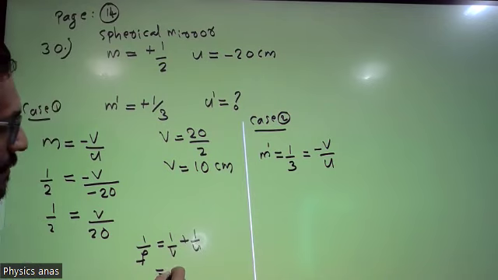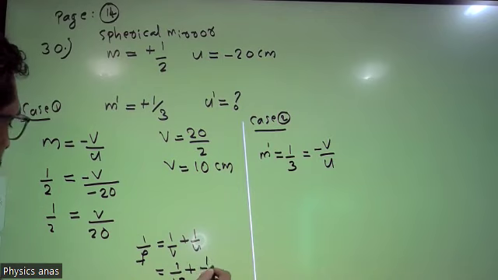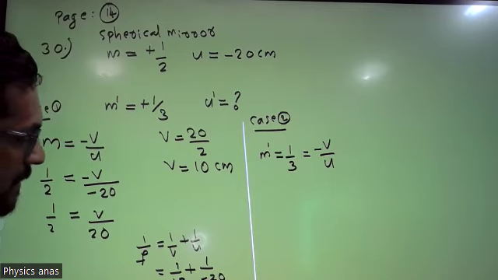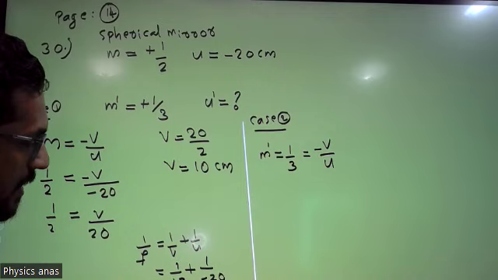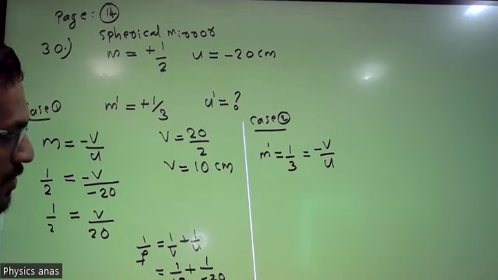Then 1 by v is 1 by 10. And 1 by u is what? 1 by u is minus 1 by 20. That means minus 20 plus 10 divided by minus 20 into 10, which will be 200.